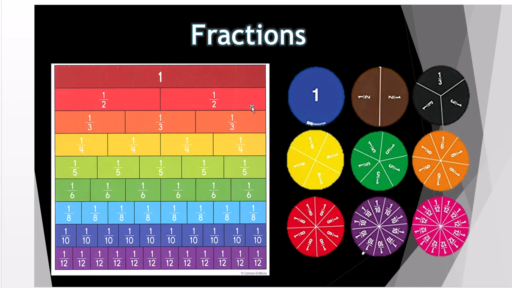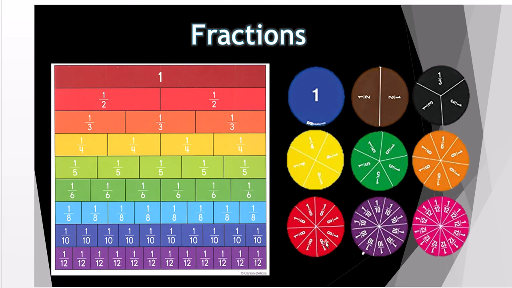So let's pretend that you have a pizza. If you have a pizza, you have 8 pieces, and that is the whole pizza. If you only eat some parts of a pizza, those are the parts. If you eat 2 parts of a pizza, that will be the fraction.